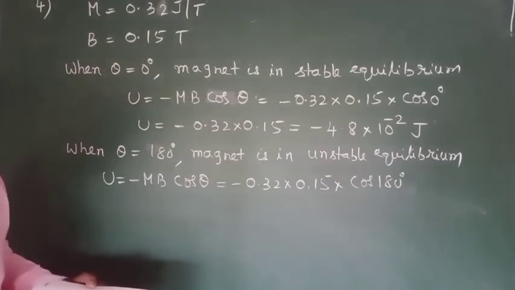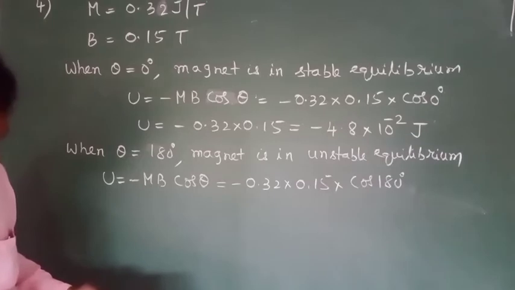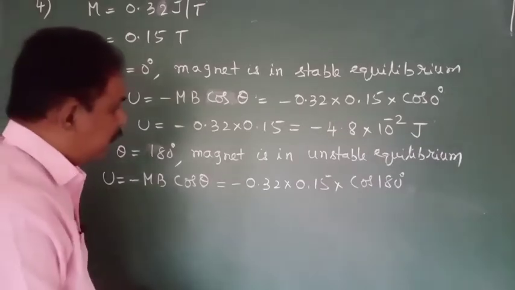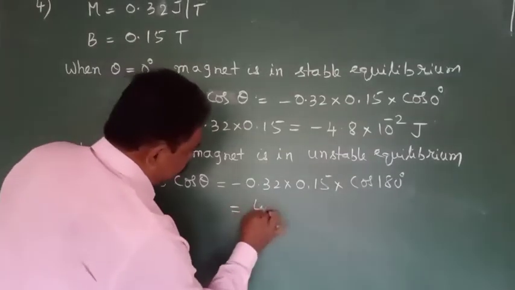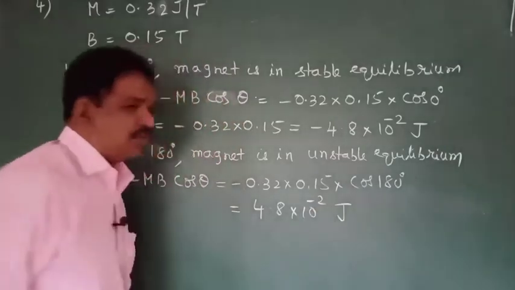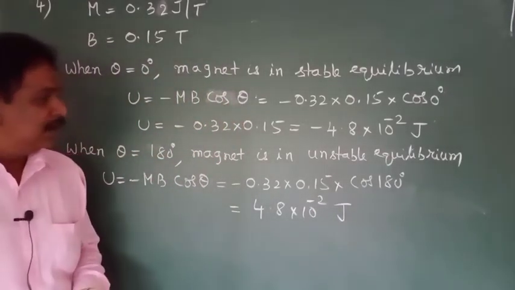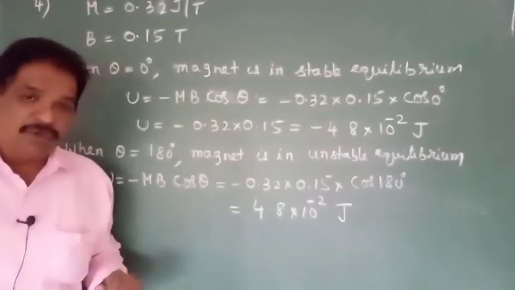So how much will we get here finally? This value will be plus 4.8 into 10 power minus 2 joules. That is the potential energy of the magnet in unstable equilibrium.